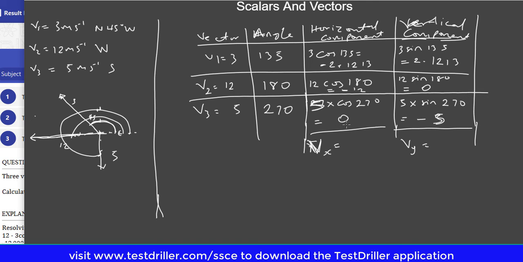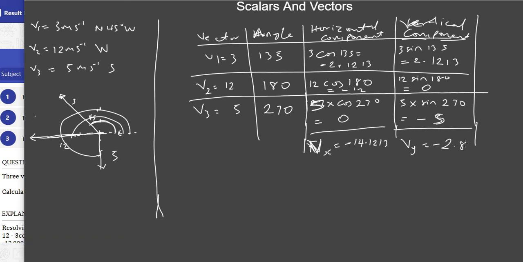So that will give us minus 14.1213. If you add up the vertical components, you're going to get minus 2.8787.